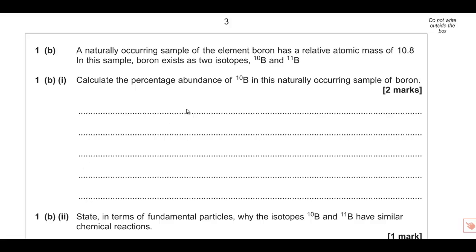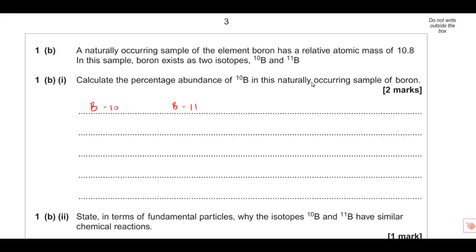Best way to explain this. So you know you've got boron 10 and you've got boron 11, and having a relative atomic mass of 10.8 means that the majority of it must be made of boron 11, in order to, when we average the amounts of each of these, get to 10.8.